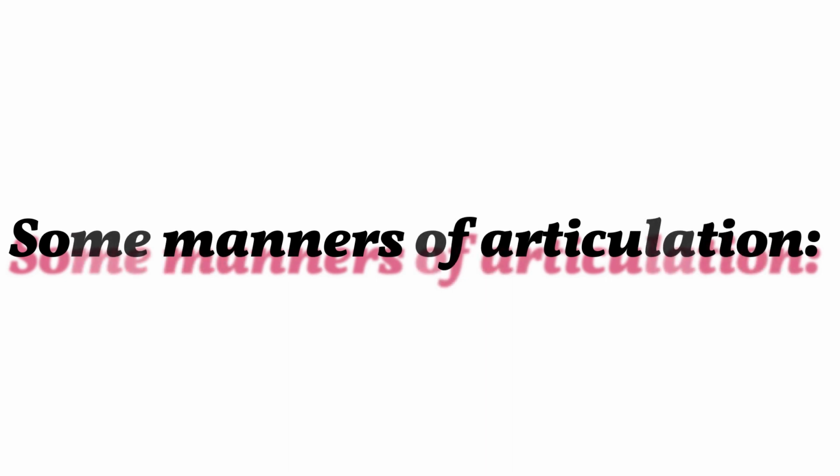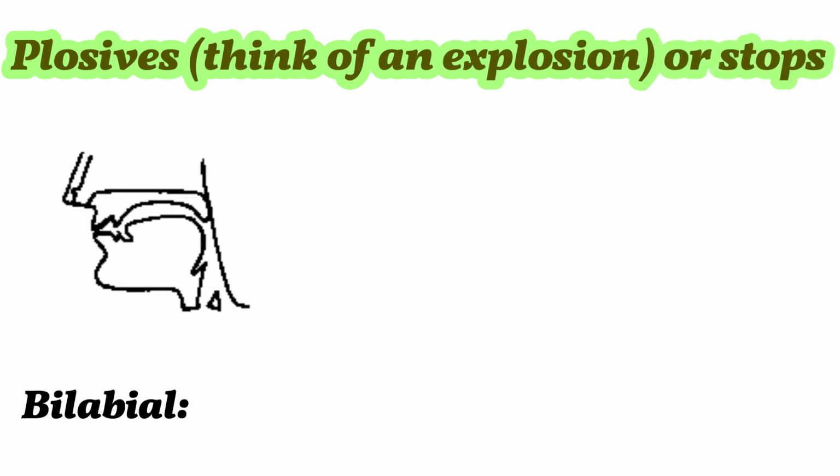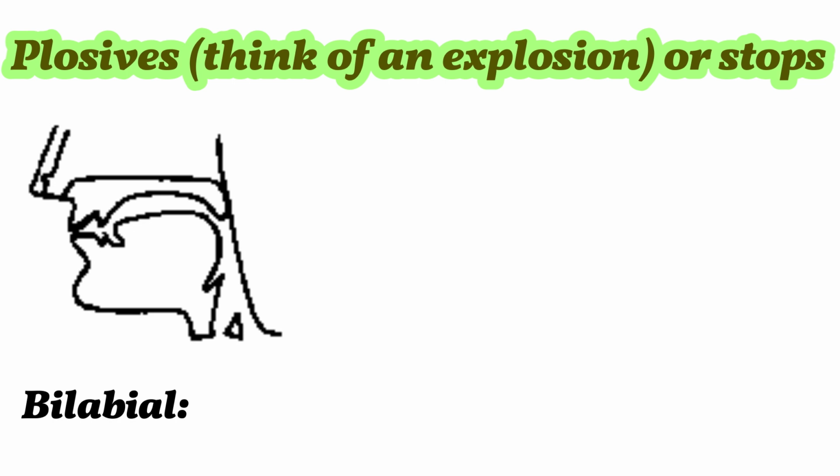3. Some manners of articulation. Plosives. To understand this, think of an explosion or stops. So, some bilabials, and this is their place of articulation, are also plosives. Listen. P, B. They release air that makes some sort of explosion, though soft.